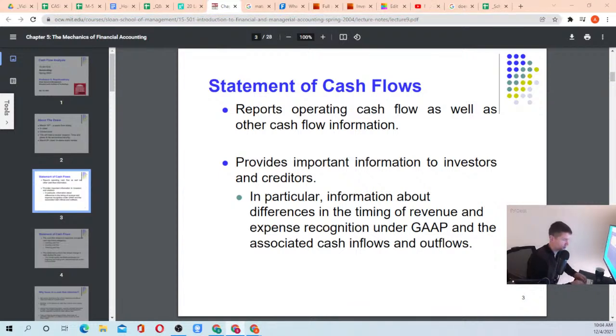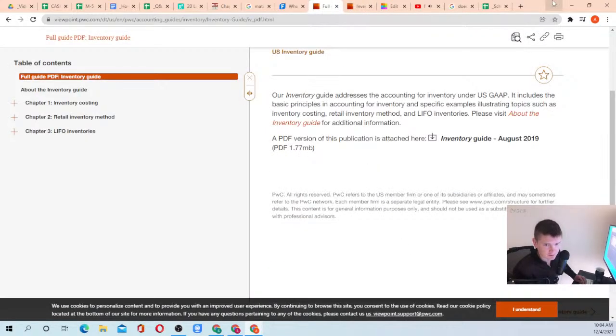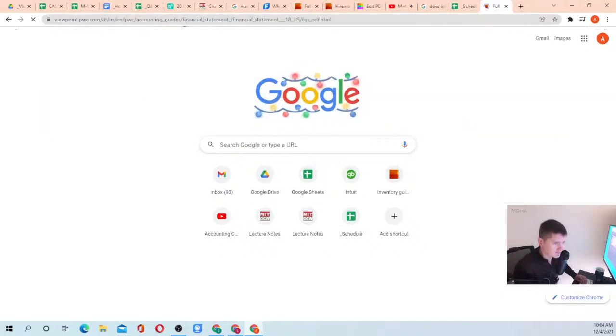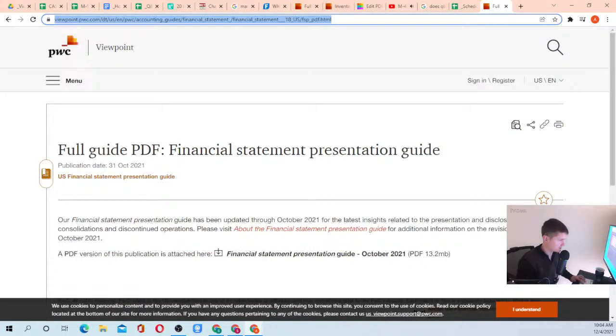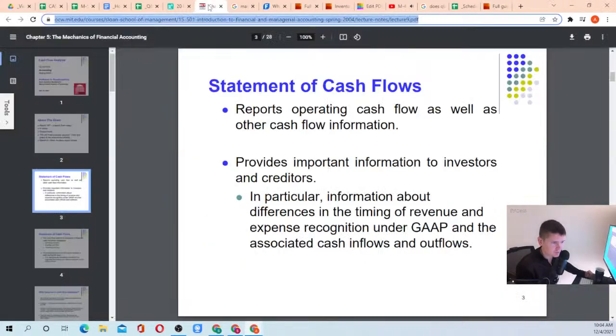Then we will move to the PwC FS guide, page 88, the financial statements presentation guide. And we will end the lecture with a practice of cash flow preparation. So let's move to materials. Statements of cash flow.